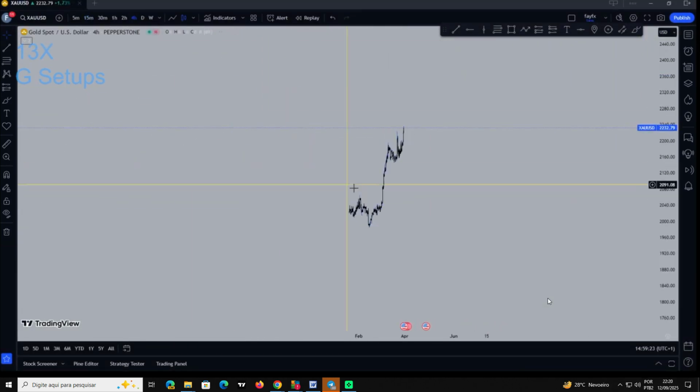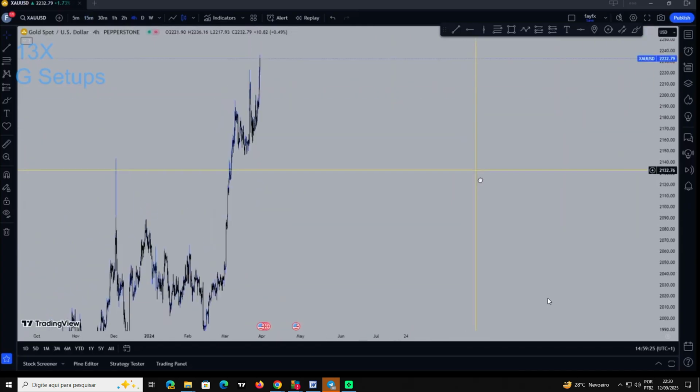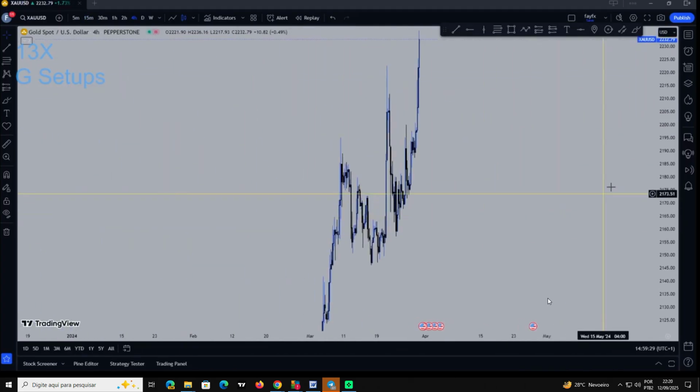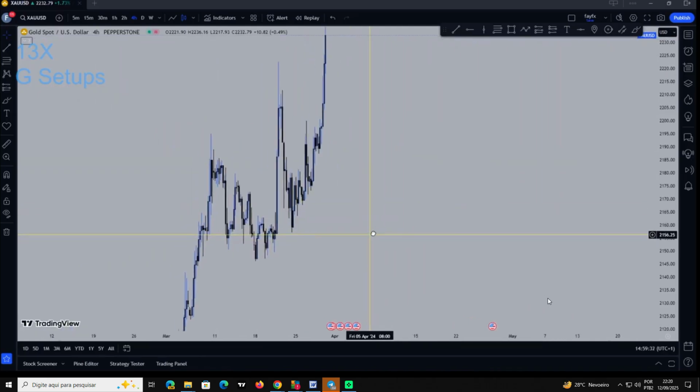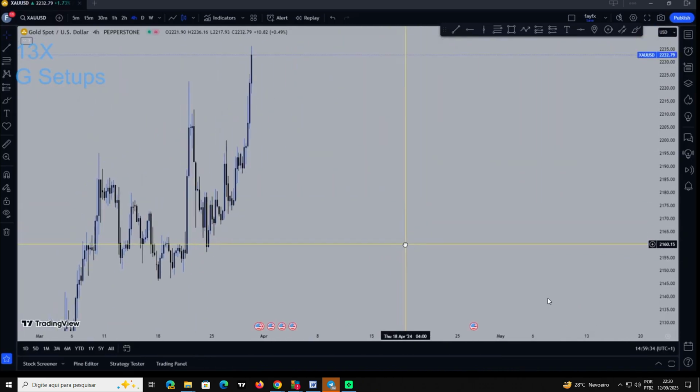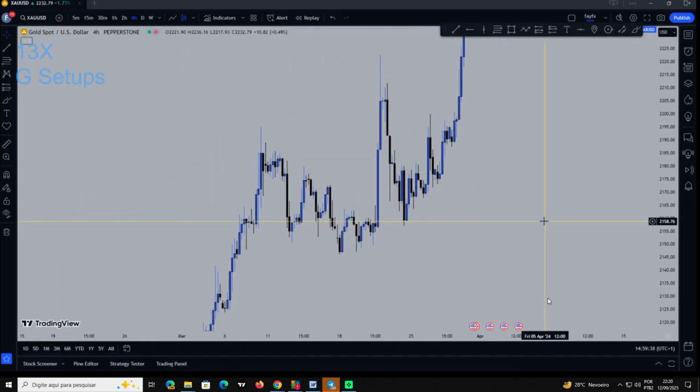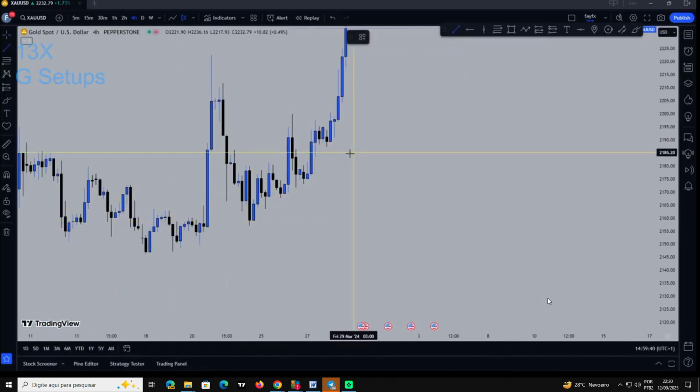Let's go for our examples. This is an entry that I took these days that I find very special. Made me good money. Look here, we have an H4 gap, bullish gap on H4.